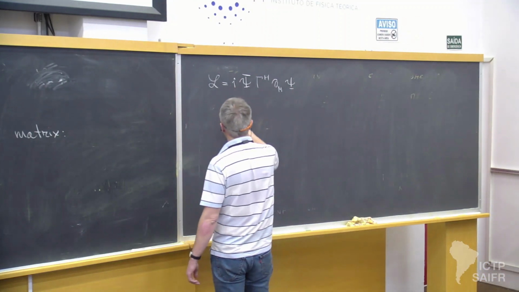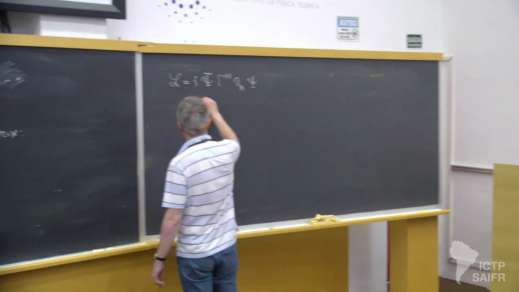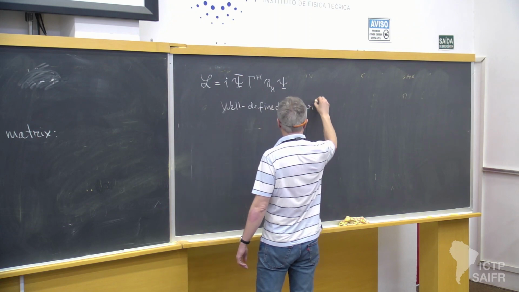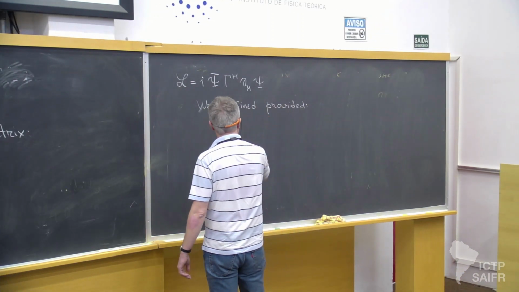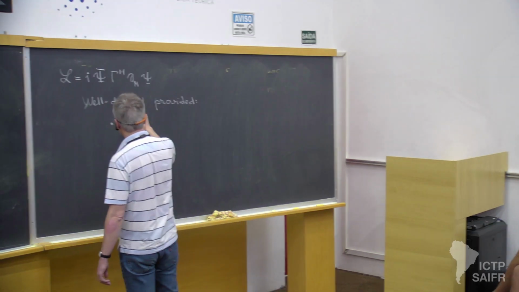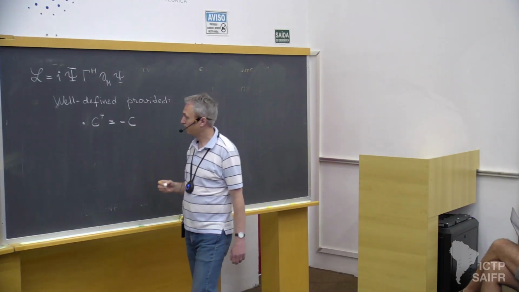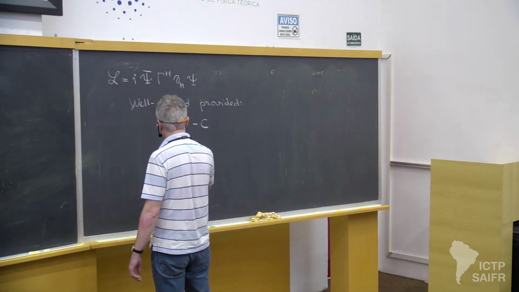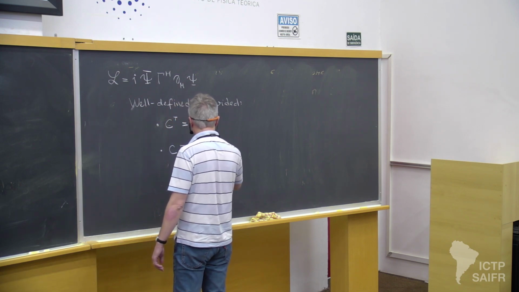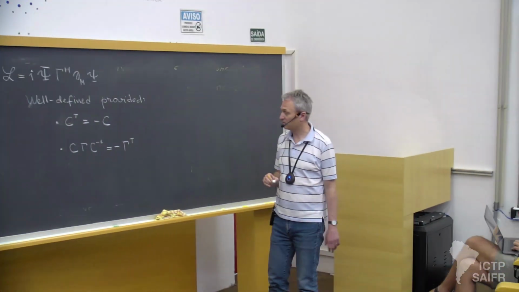And it is possible to show that the Dirac Lagrangian is only well defined provided that the charge conjugation matrix is antisymmetric, so its own transposition is the same matrix with the minus sign, and also that charge conjugation of the chirality matrix also antisymmetrizes it, as for elementary Dirac matrices.